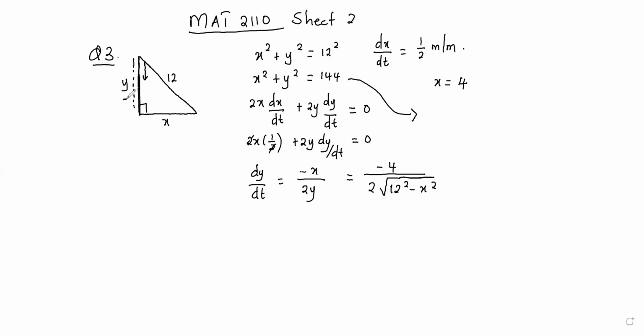using the Pythagoras theorem. So that this becomes minus 4 over 2 the root of 144 minus x squared. x is 4, 4 squared is 16. So we're going to get 2 here, 2 there, 2. So we're going to get minus 2 over root of 144 minus 16.